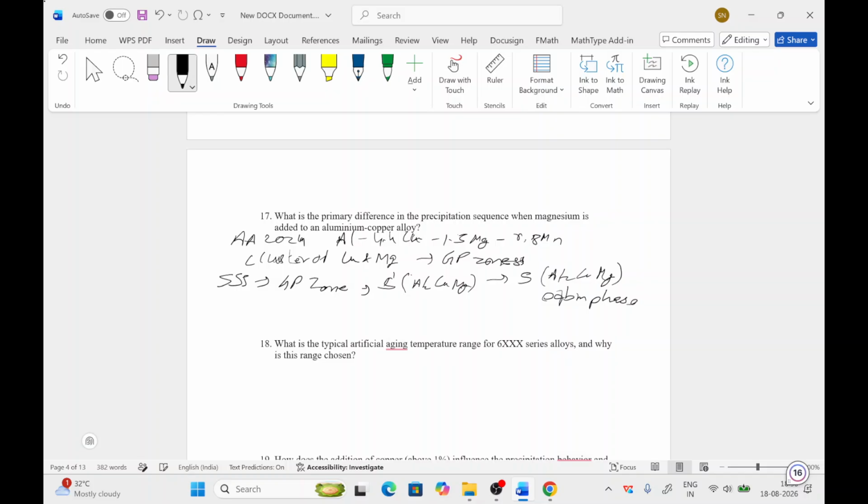So with the addition of magnesium, the precipitate composition changes from CuAl2 to Al2CuMg. Similarly, we can add iron and silicon also. We can reduce the iron and silicon addition in the aluminum copper alloy to ensure high fracture toughness.